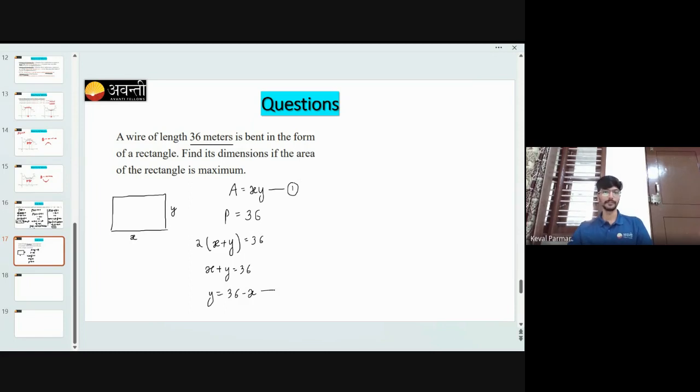So if I substitute equation 2 in 1, I will get area, which is x into (18 minus x). So now my area is a function of x. I can write f of x equals, opening the bracket, 18x minus x square.